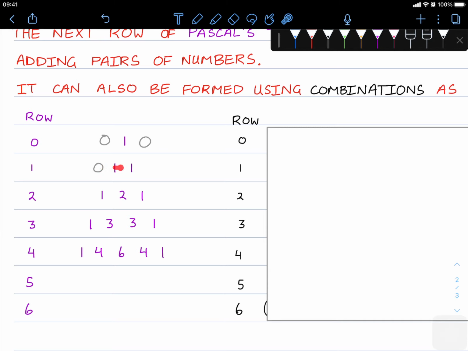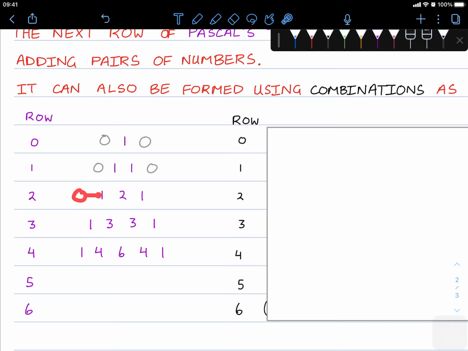But now 1 plus 1 gives me 2. There's another 0 here. 1 plus 0 gives me 1, and so on. So you can imagine zeros being all along the sides. And to find the value here, you add the pair of the above row.